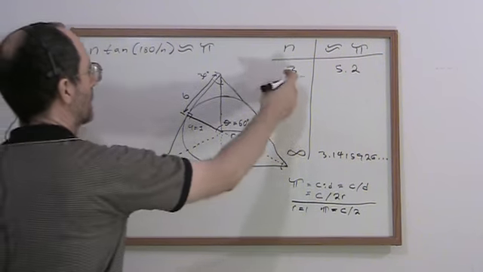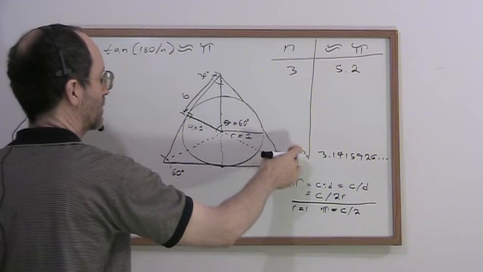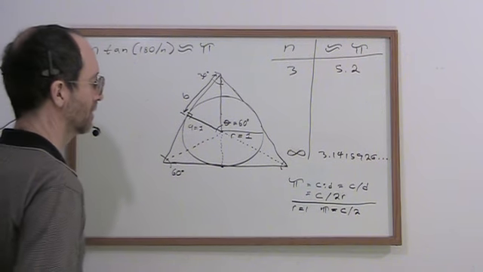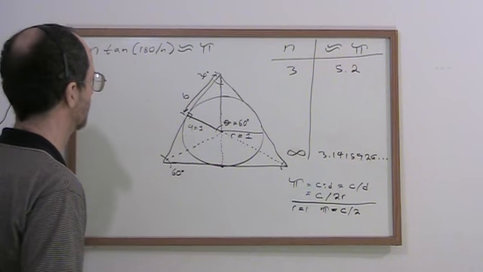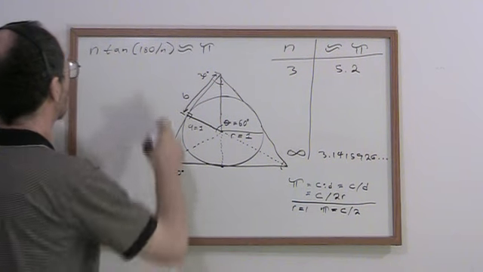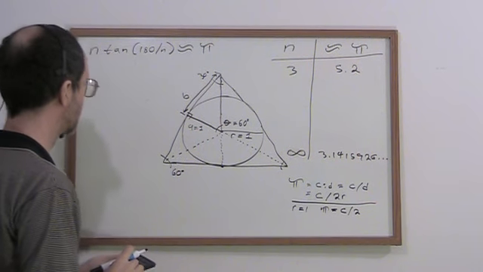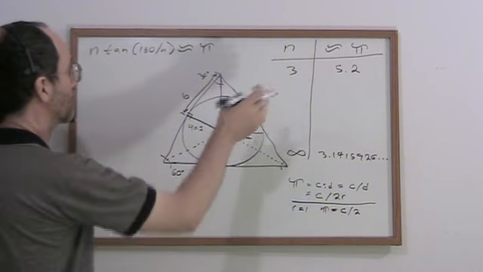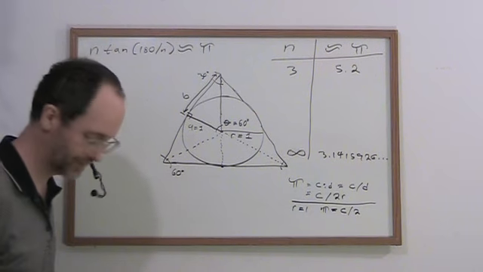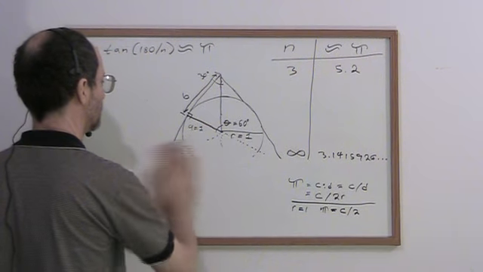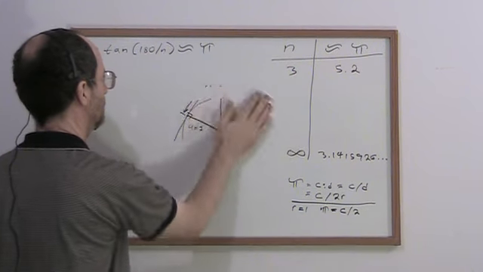So we want to see how the progression of increasing the number of sides progresses towards the final value that we all know for the constant. So 180 over n is 60 with 3 sides, 5.2. So let's now take this to 4 sides and see what happens.